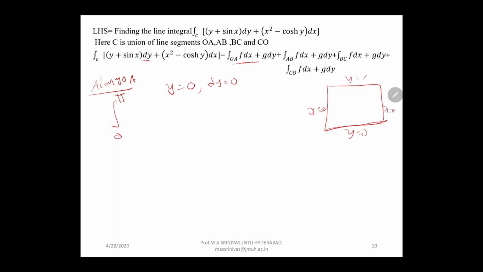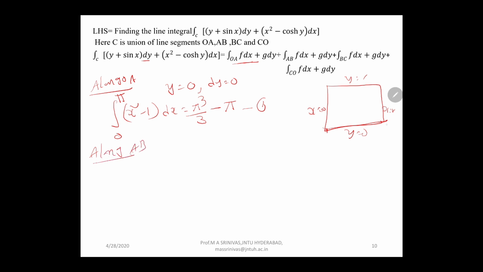Along this, x varies from 0 to pi, dy is 0, and y is 0, cos h0 is 1, so x square minus 1, dx. The integral of x square is x cube by 3. If I substitute the limits, it is pi cube by 3 minus pi. So this is 1. Next, I will find out along AB.